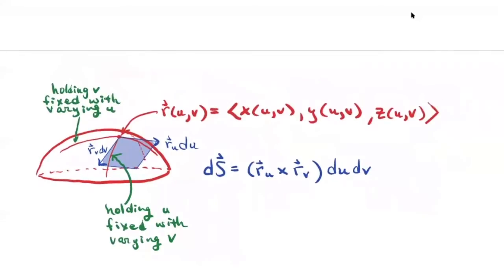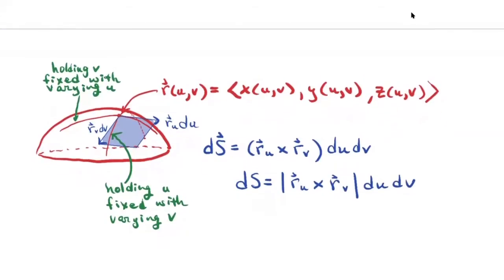So the magnitude of dS is dS the scalar. Okay, so dS without the vector is the magnitude of R_u cross R_v du dv.